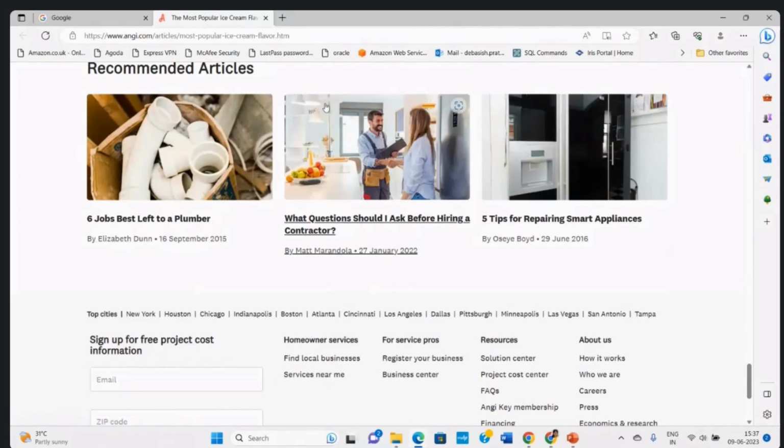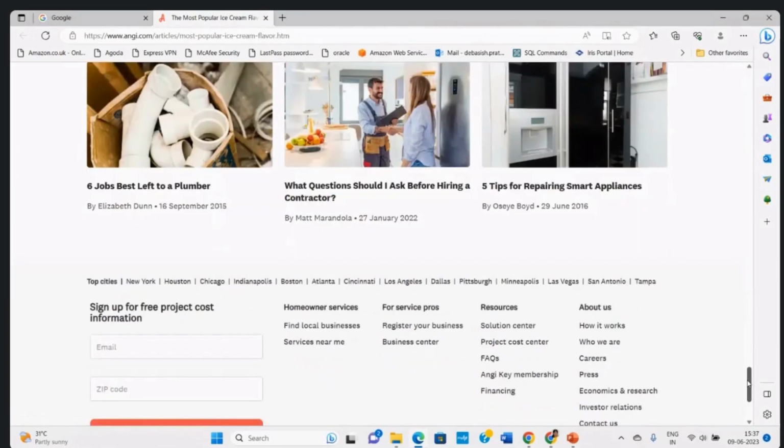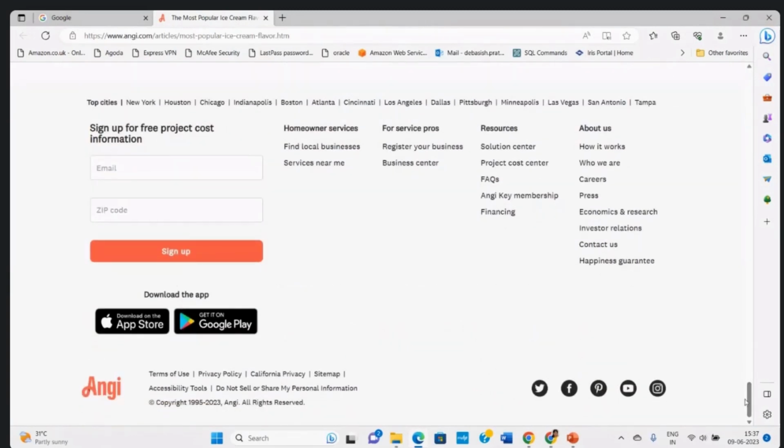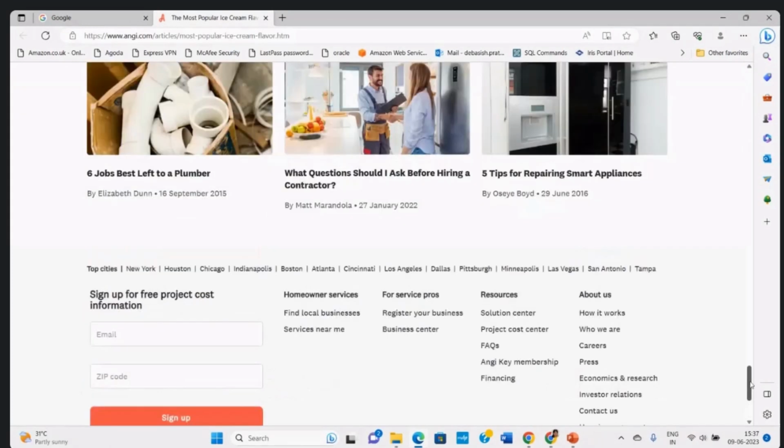All these recommended articles it is showing. And people will go and click on that. If the people desire all these things to be solved, then they will definitely click on this. And when it goes down, you see they are the solution providers. They are the service providers for all these things.